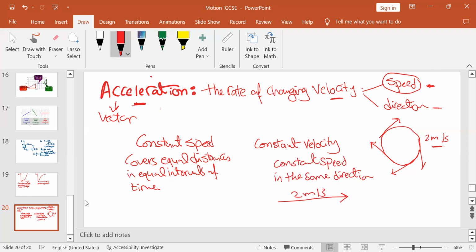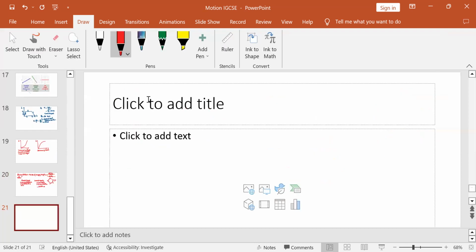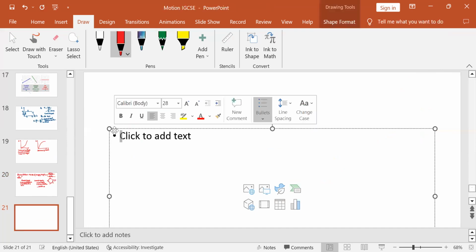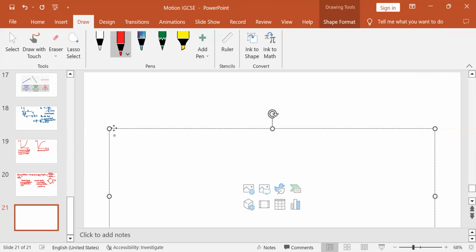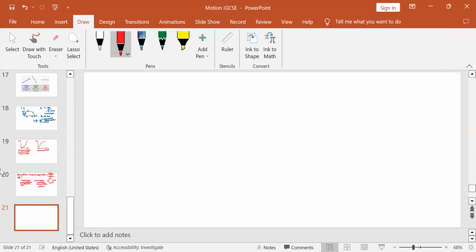And back to acceleration. We said that acceleration is the rate of change in velocity. Okay? So acceleration equals delta V over delta T. Do you know what is meant by this small triangle?